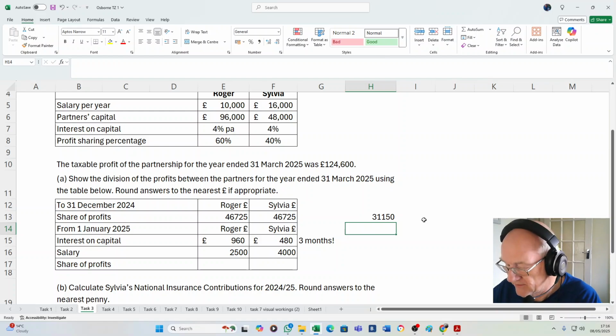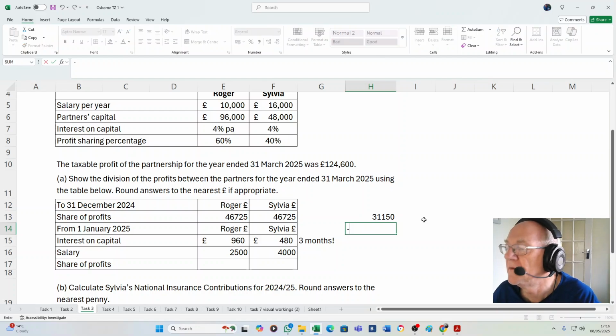and then we're going to take off the 960, take off the 480. These are both deductions. If it was interest on drawings, we would be adding it back on. It's just revision of level 3 stuff.